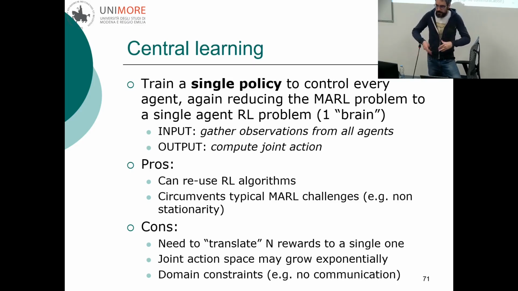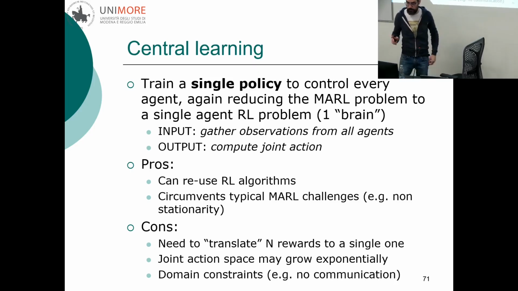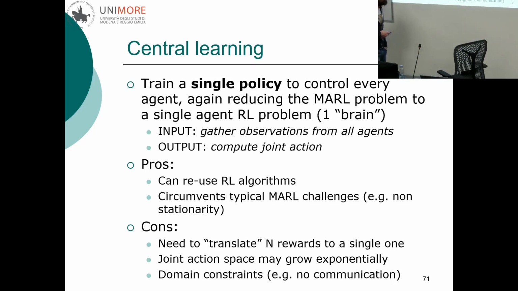So again, let's try to understand what the implications of this are, because, as in independent learning, we still reduce the problem to a single agent setting, but in a very different way. This time the learning algorithm has, first of all, only one policy, not n policies. So only one learning algorithm. The input is the concatenation of all the observations of all the agents, and the output is the joint action, so the concatenation of all the actions for every agent.